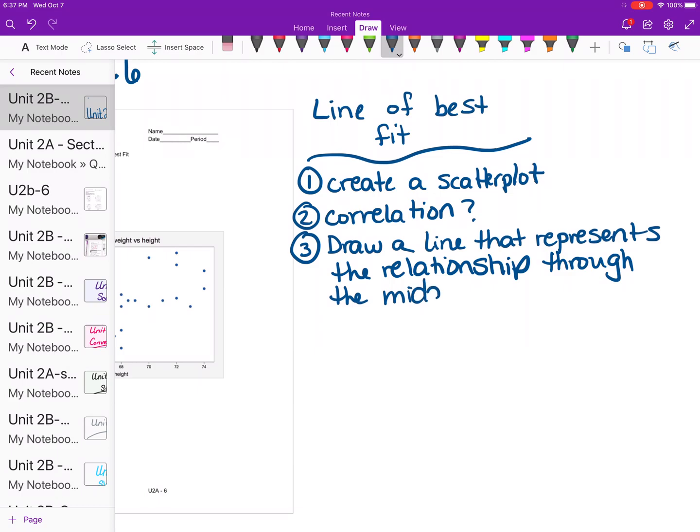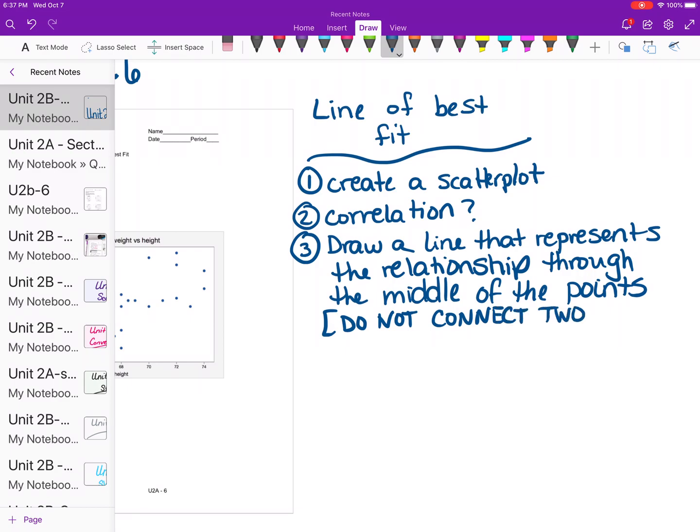You want to avoid connecting 2 points. That's not the point here. So I'm going to put in brackets, do not try to connect 2 points. Okay?